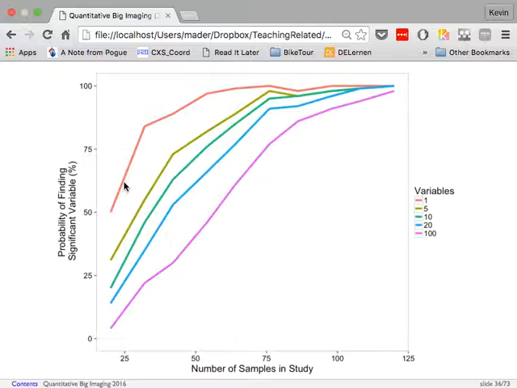But if you choose to look at 100 variables, then you have a 15% chance of actually being able to show this difference that you want to show. Because you have these 100 extra variables hanging around, it makes the requirement for the difference that you actually observe much, much, much higher. And so if you want to be at the same point you were with 25 patients and one variable, you need to have 75 or more if you have 100 variables.